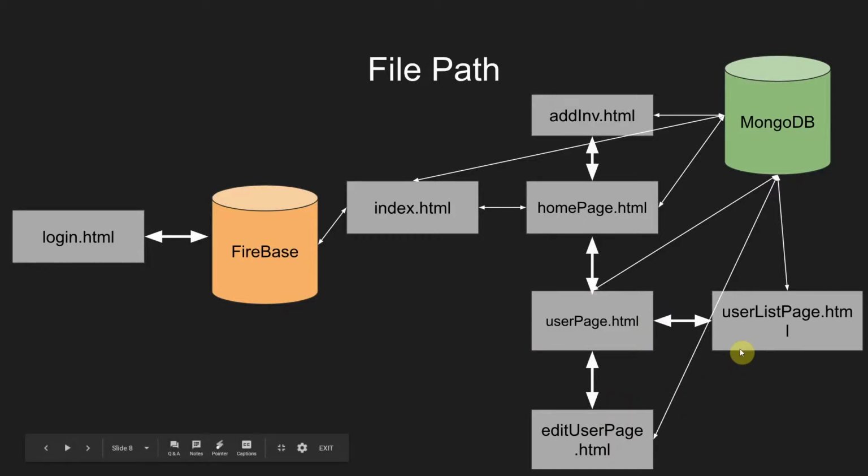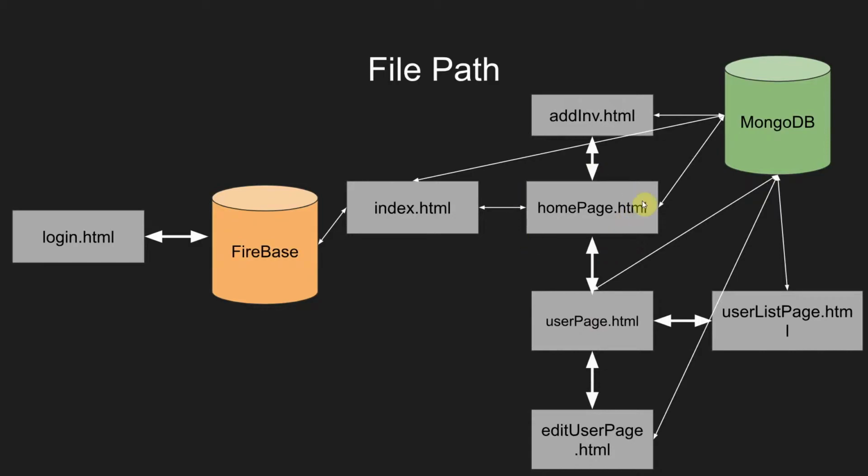They're also able to retrieve information about a user's list from the MongoDB, especially if they're an administrator. The other side of the project is the inventory side, which would be these three things right here.